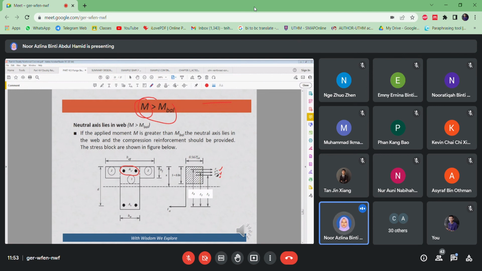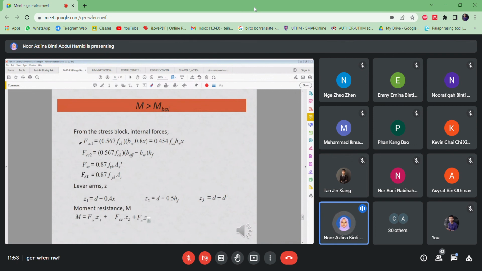So when there are three forces here, that means you will have these three lever arms, Z1, Z2, Z3. So bring all the moments here in order to calculate the moment resistance. So FCC1 times Z1, FCC2 times Z2, FSC times Z3 here.